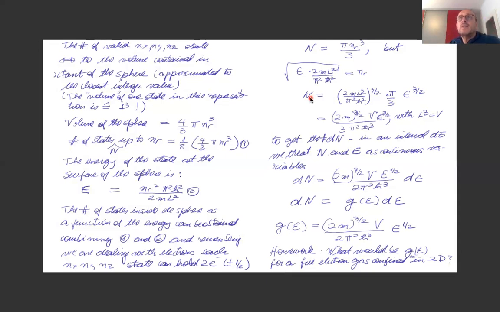Okay, but now what I'm interested in finding out is what is the number of states for a particular energy. Meaning, what I'm interested in is the degeneracy, or what I call the G function. The G function is the density of states. So for a particular energy, what would be the density of states? How do I calculate it beginning from this? Simply I say dn and take the derivative of this and write the differential.